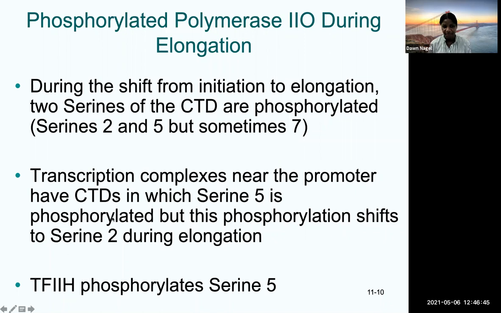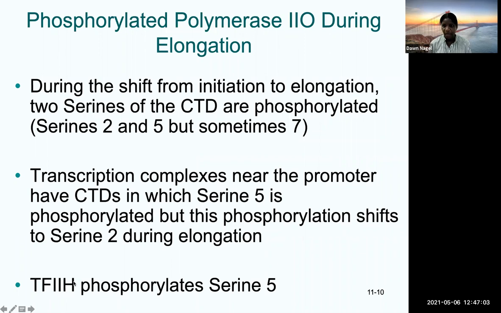And because serine 5 is the serine that gets phosphorylated first and initiates that transcription, that phosphorylation is done by the ATPase activity, or the kinase activity, of TFIIH.